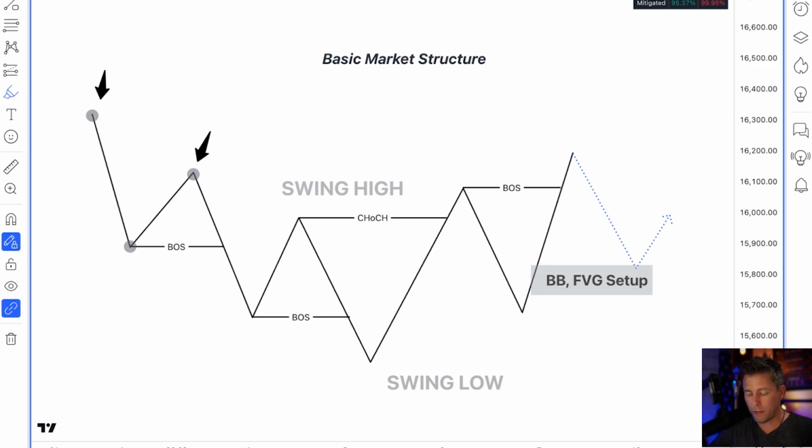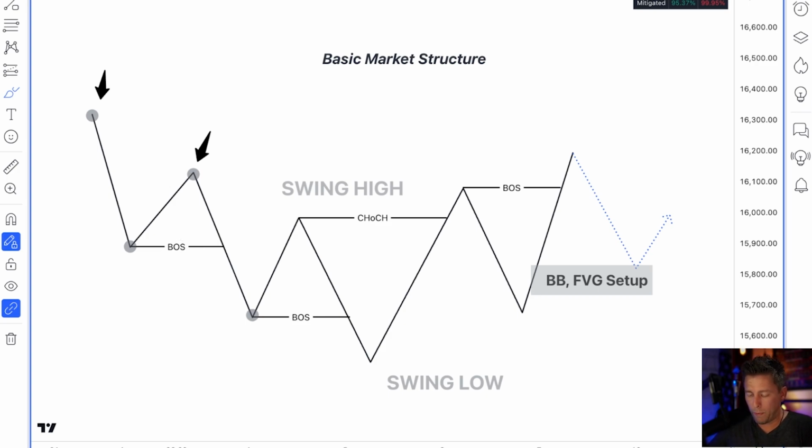From there, market makes a lower low and does something we call breaking structure. Now, the break of structure, you will see right here, I have it marked already, is when the market passes lower than the previous low. So the previous low or lower low, that's going to be the break of structure.